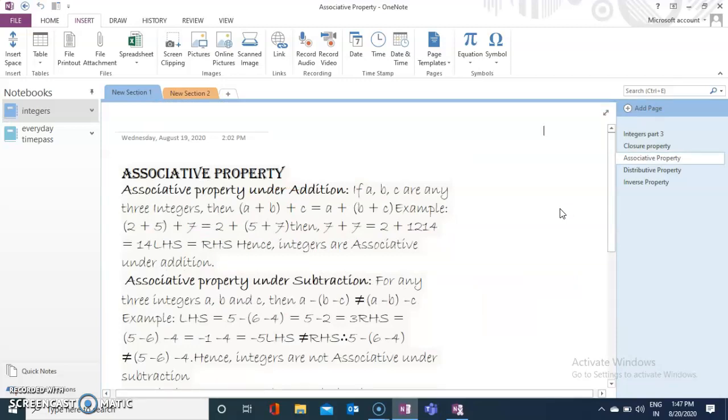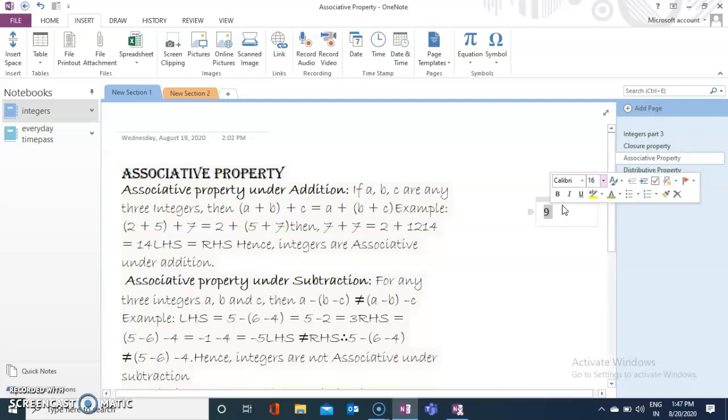If a, b, c are three integers, then brackets open, a plus b, brackets close, plus c is equal to a plus, brackets open, b plus c, brackets close. Okay, you will get confused, so let me give you a nice example. Let me make the size a bit big.